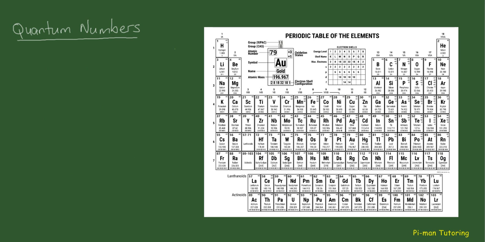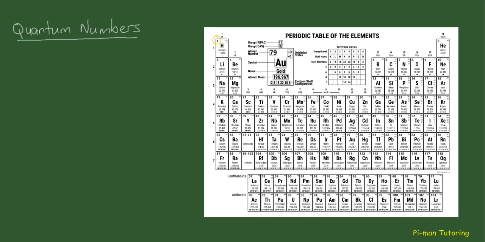When we look across one period of the periodic table, we are basically adding one electron as we read from left to right. Here is hydrogen. Its atomic number is 1. That means it has one proton, and therefore to balance the charge it must have one electron.